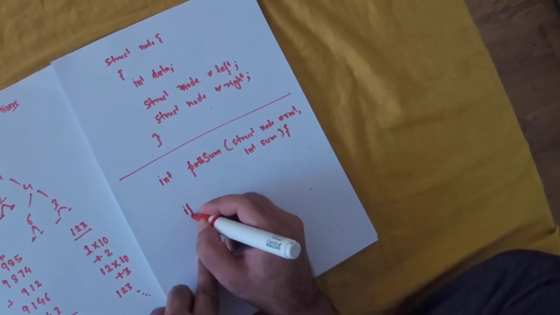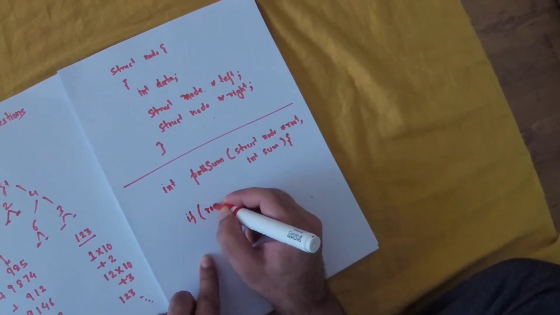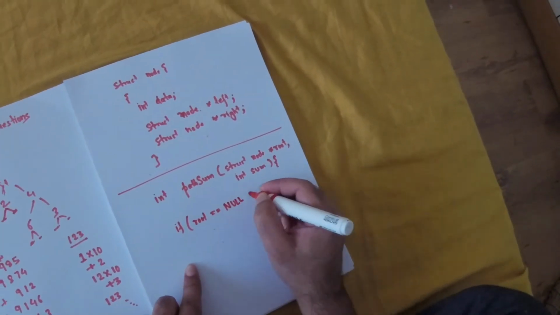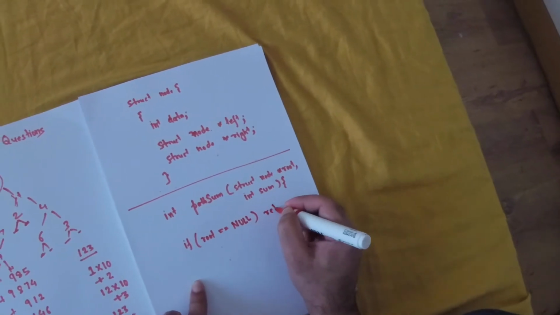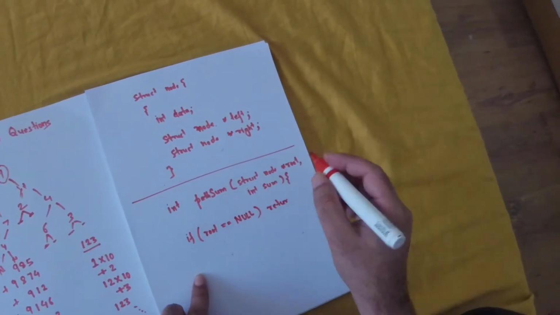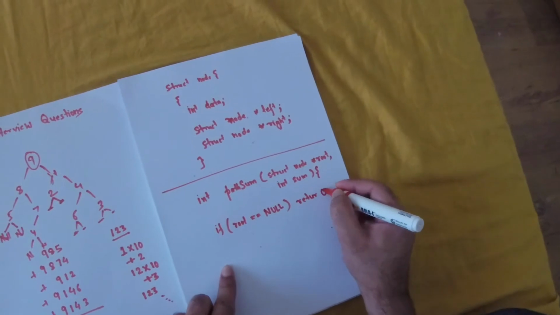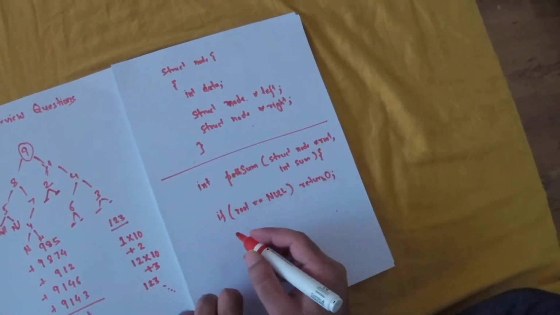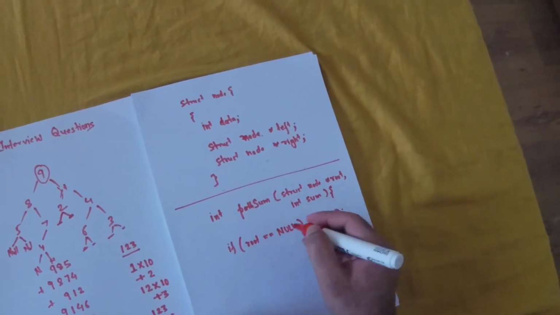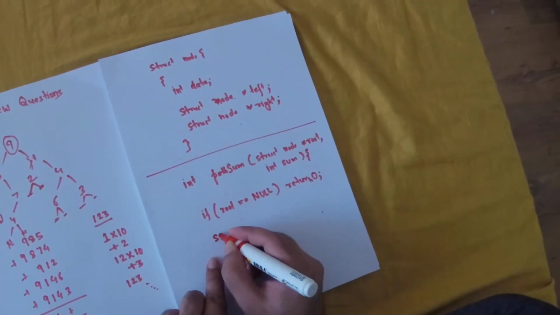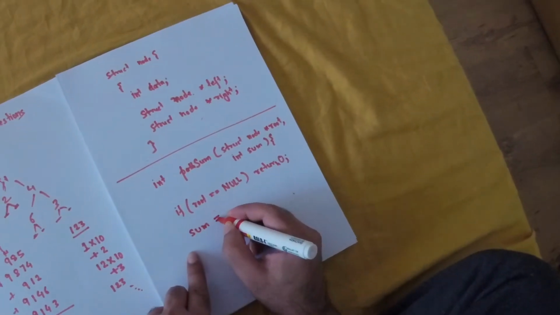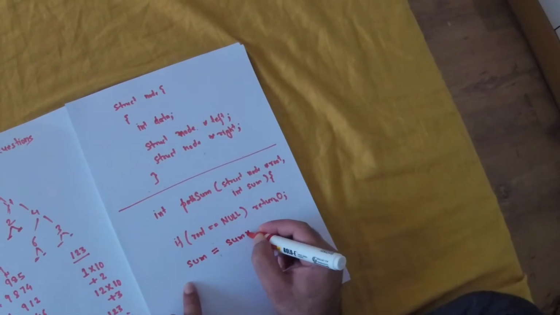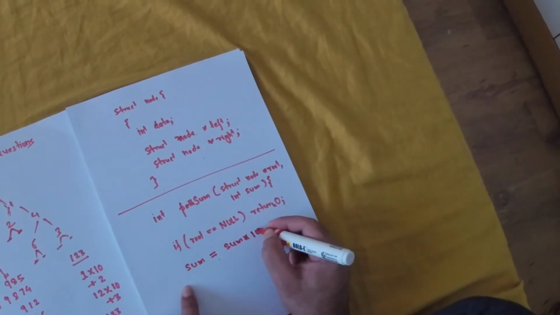At the base case, if the root is null, the sum is 0, right? So just return 0. But if root is not null, then we will multiply the sum with 10 and add the current value.